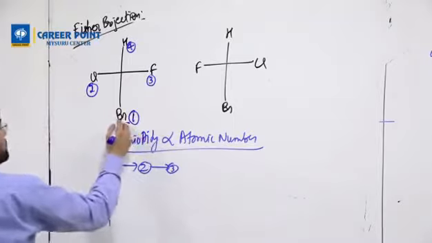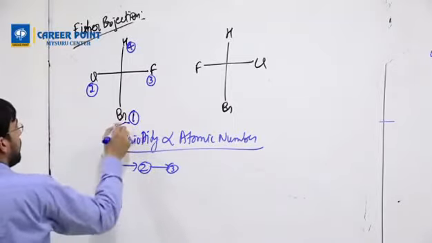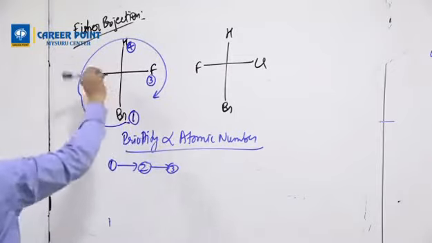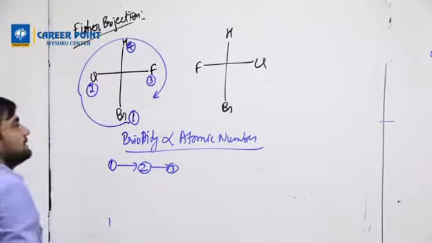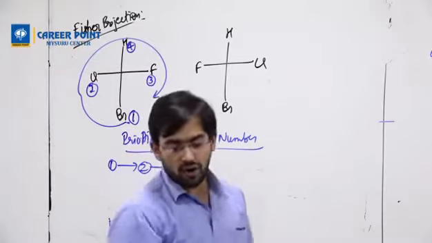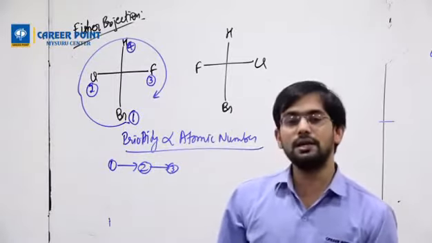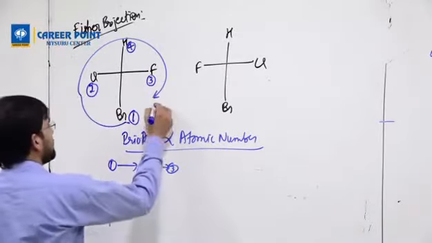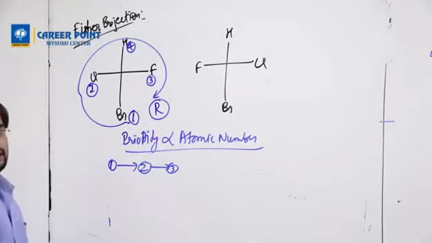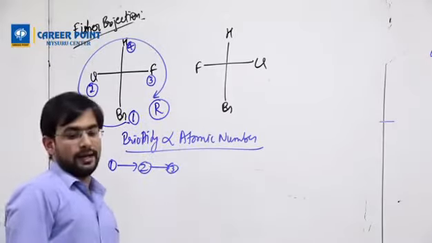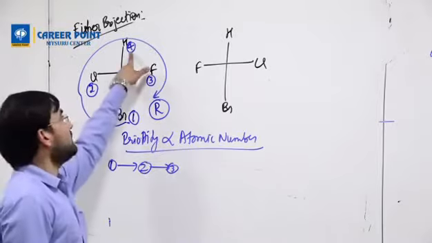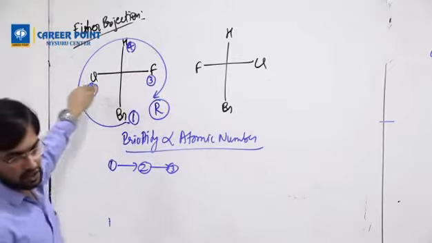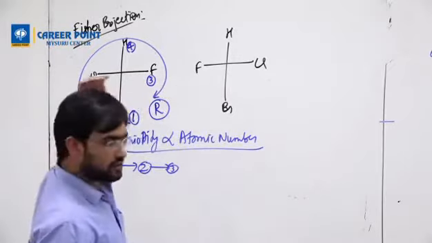Okay. So now from here to there, 1 to 2, 2 to 3. This is a clockwise direction. And whenever this is clockwise direction, we get R, provided the least priority is not on the horizontal line.